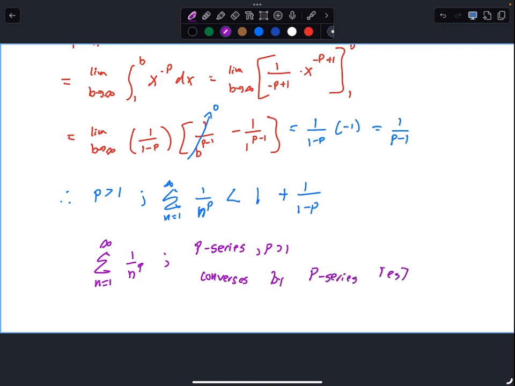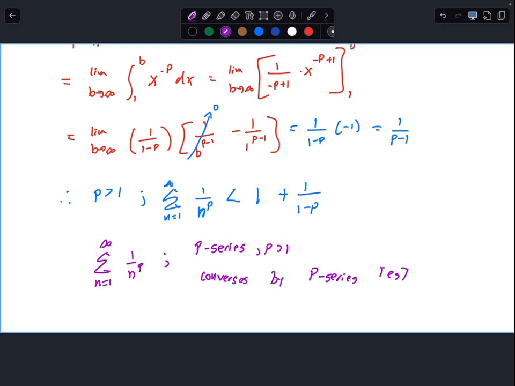Now, we don't actually have to do the whole integral and proof like that, because what we've done here is prove that no matter what the value of p is, as long as it's greater than 1, this statement will automatically be true. So if it was 1 over n to the 1.1, that's going to converge to this value, or at least less than this value right here. It just doesn't tell us what it converges to, but we know it will.